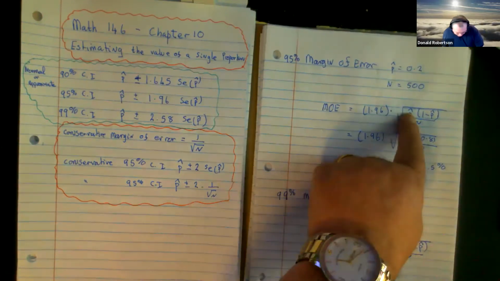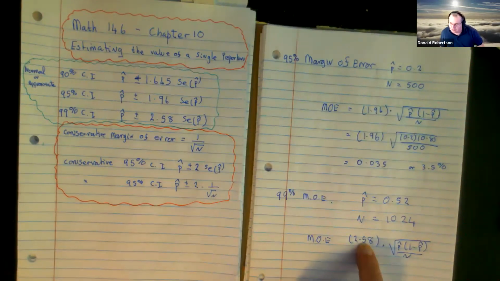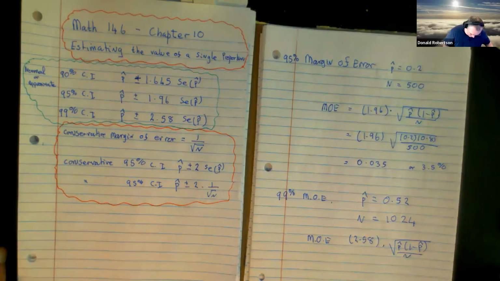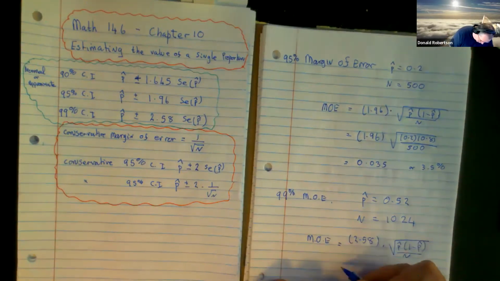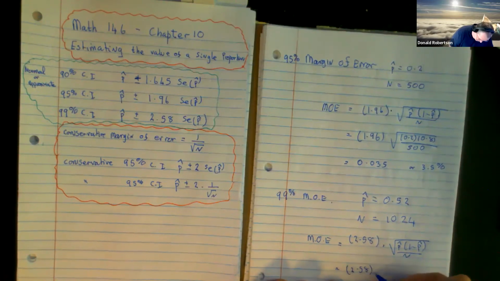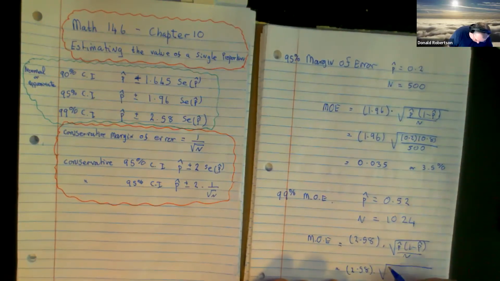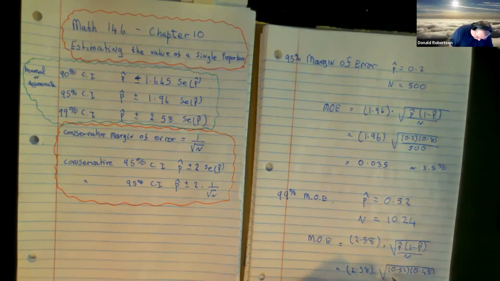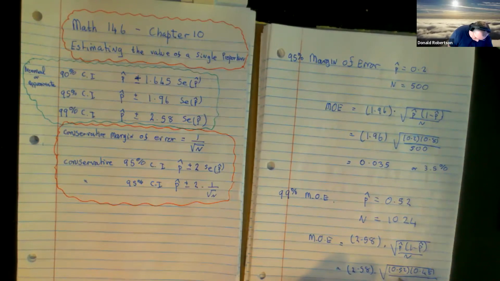You see, it's the same formula, just with a different fixed value. In this particular question, then it's going to be 2.58 times 0.52, 0.48, all over 1,024.